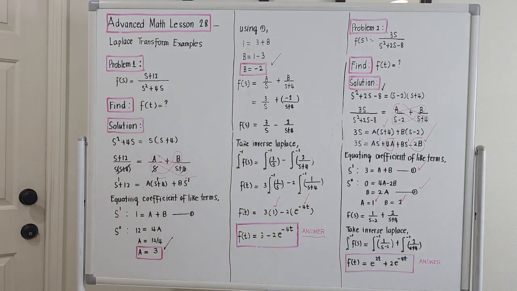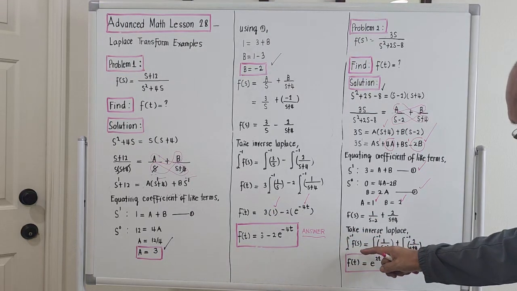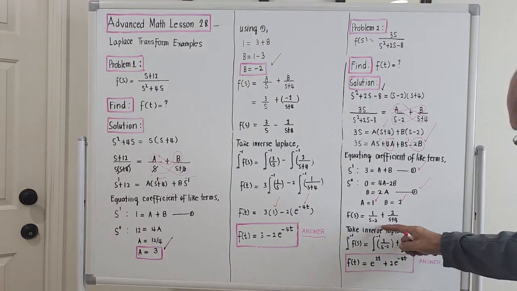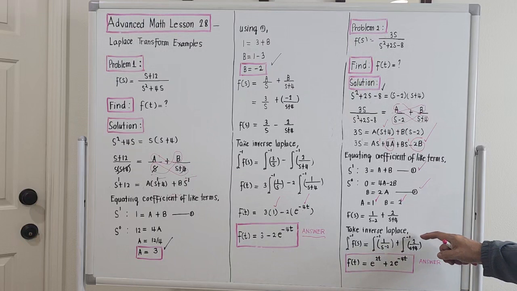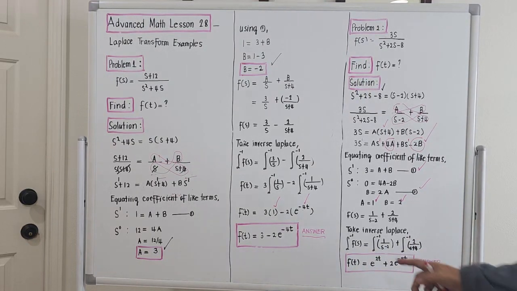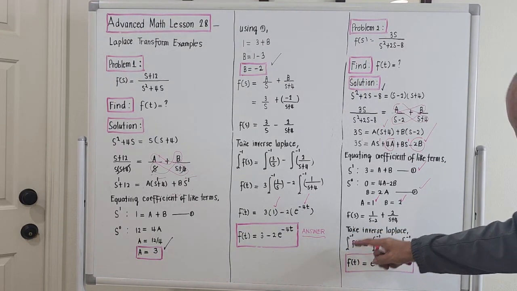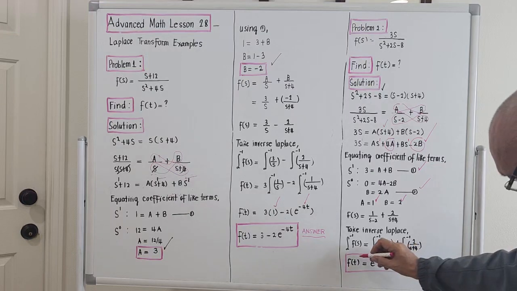Take now the inverse Laplace transform of both the left and right. The inverse Laplace of F(s) should be equal to the inverse Laplace of 1 over (s minus 2) plus the inverse Laplace of 2 over (s plus 4). The inverse Laplace of F(s) is what we are looking for.